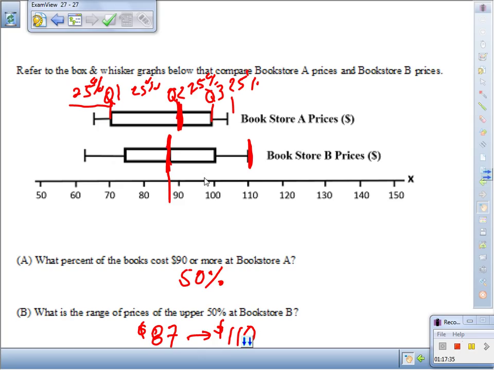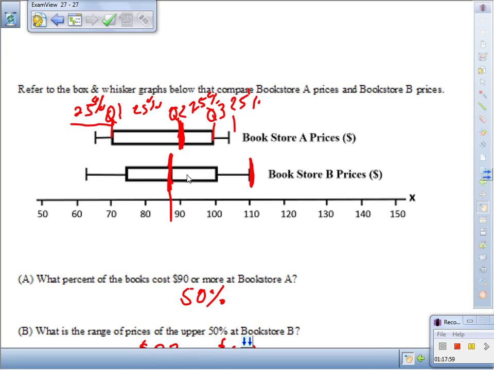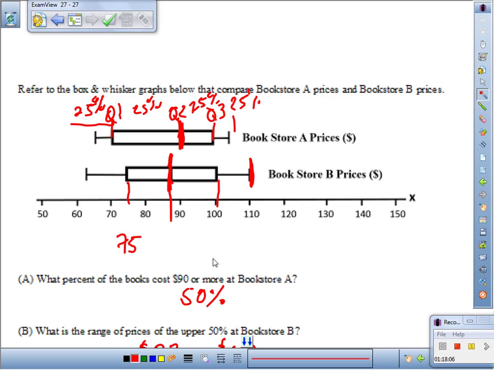So what is Q1 for this one, Q1 and Q3? What is Q1 here? 75. And what is Q3? 100. So therefore, the IQR is what? Very good, 25. So then let's find the IQR for this one.